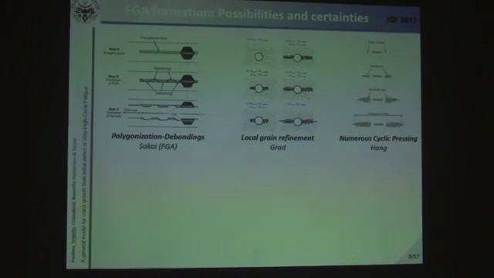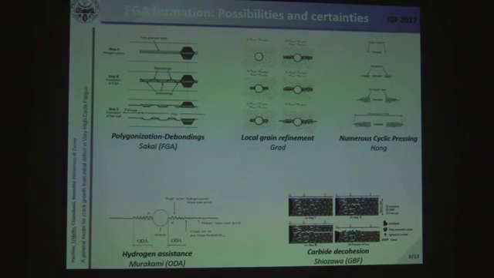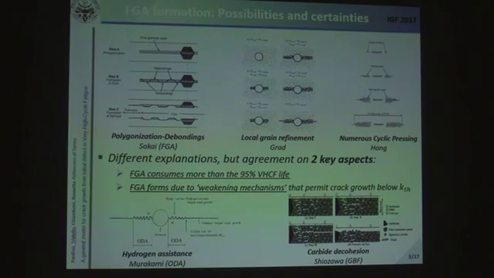Hong justified this local grain refinement through the numerous cyclic pressing theory. Murakami, in a very well-known theory, measured a high quantity of hydrogen near the initial defect and justified the crack growth through hydrogen embrittlement near the initial defect. Shiozawa finally proposed the carbide degradation model. But as can be seen, a unified theory is still not present.